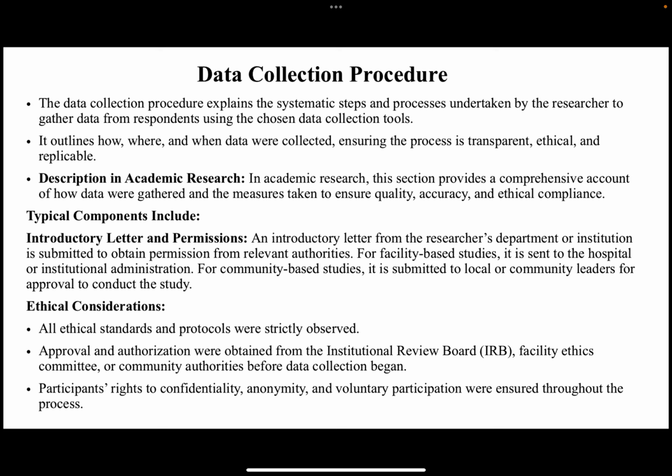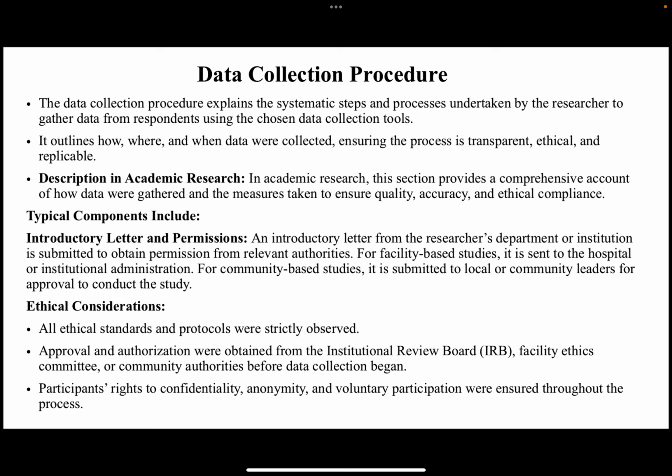Is that okay? Usually for community-based studies, it is submitted to the local or community leaders for approval. So when you take the introductory letter from your school or your department, you submit it to the hospital or to the school or to the community authorities or community leaders or district authorities for approval.